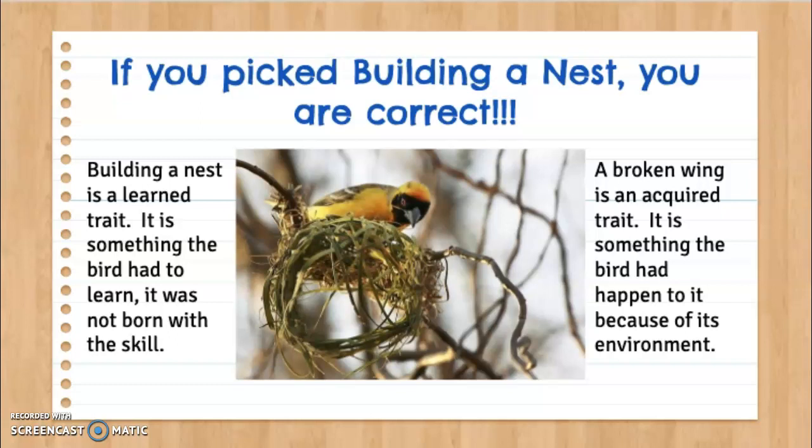It was not born knowing how to do it. His parents probably showed him. But if we think about the broken wing, we know that that's an acquired trait, which is another non-inherited trait. It is something that happened to the bird because of its environment. It was also not inherited from its parents, but this is not a learned trait.